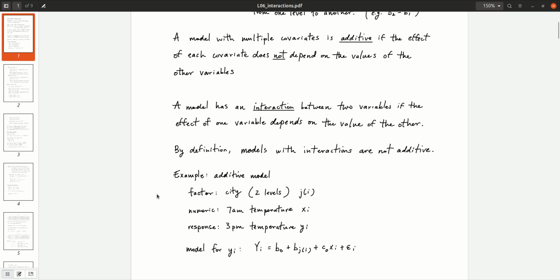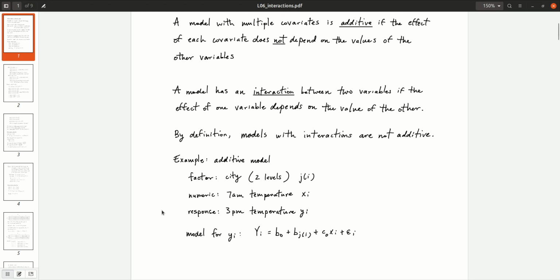Here the response is going to be 3 p.m. temperature. The factor variable is city. We'll just say it has 2 levels. The numeric covariate is 7 a.m. temperature in the same city on the same day.